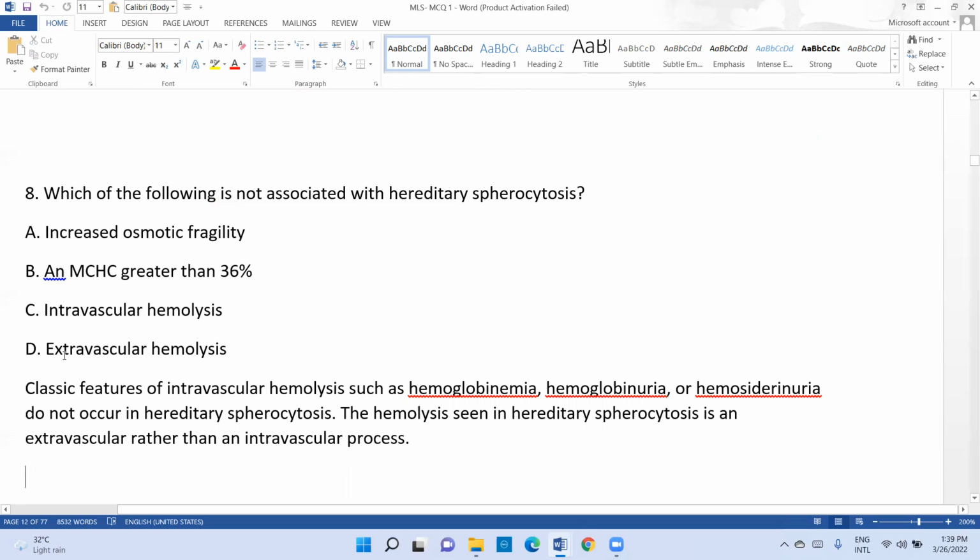So this also happens in spherocytosis. So the answer is intravascular hemolysis, because intravascular hemolysis is rupturing red cells while running in the bloodstream. So intravascular hemolysis is the false answer. So that is the answer expected, not associated.